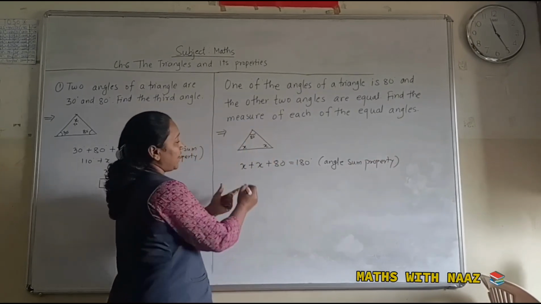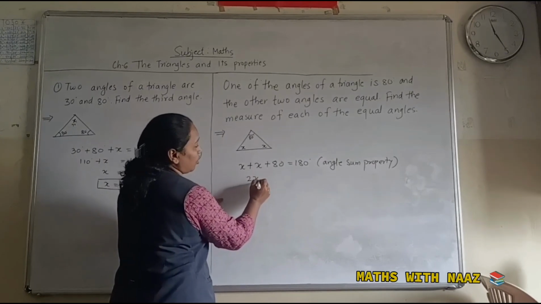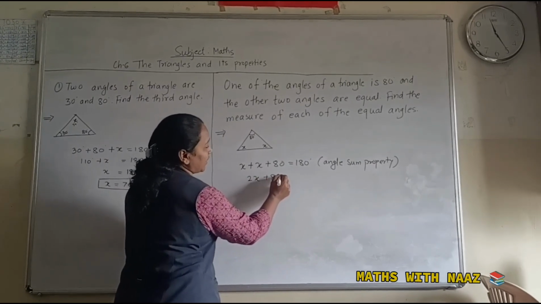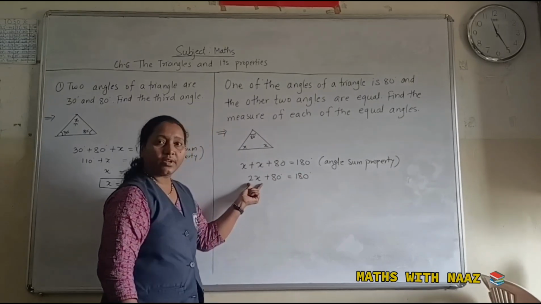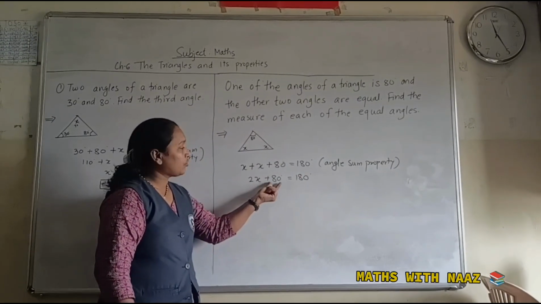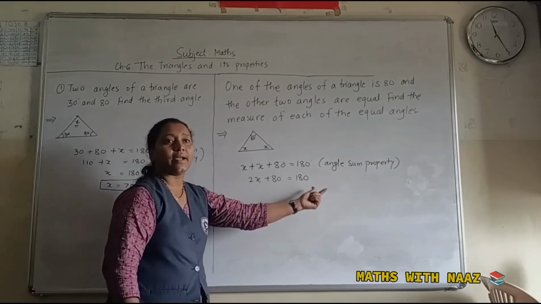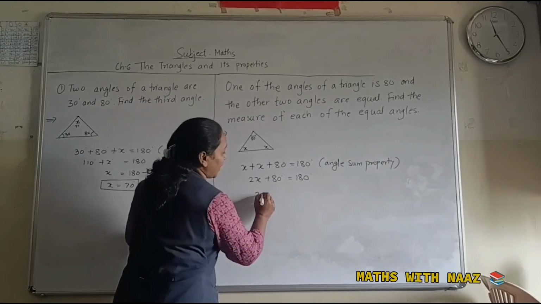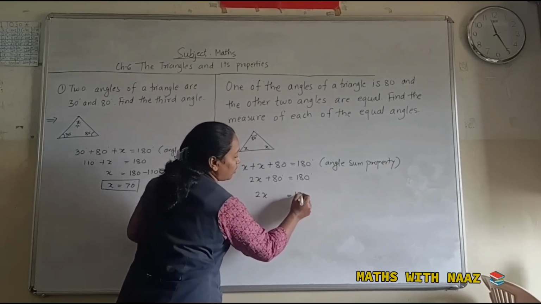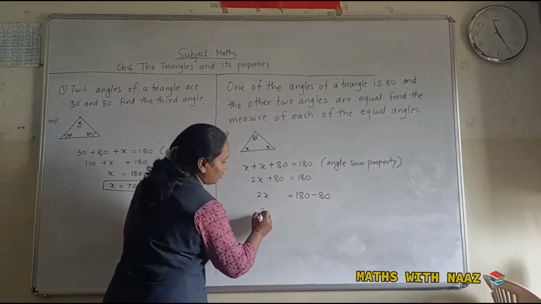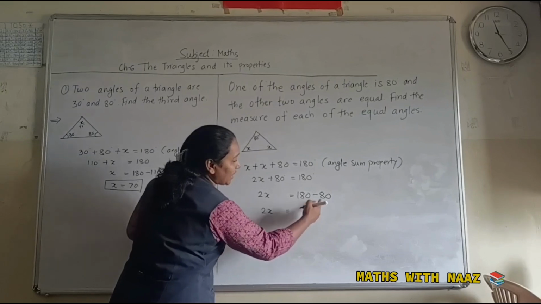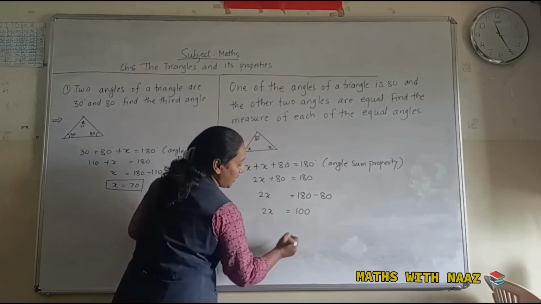Now let's solve. x plus x will be 2x, plus 80 degrees is equal to 180 degrees. As we know, 2x is a variable, so we will shift this 80 to the right-hand side. So 2x is equal to 180 minus 80. Now 180 minus 80 will be 100.